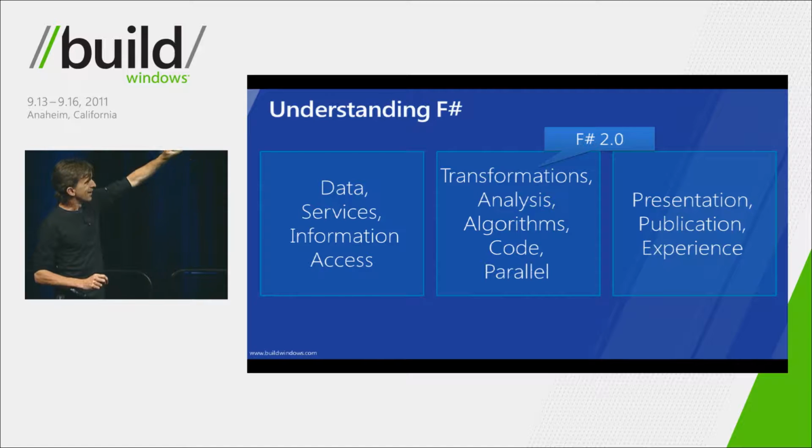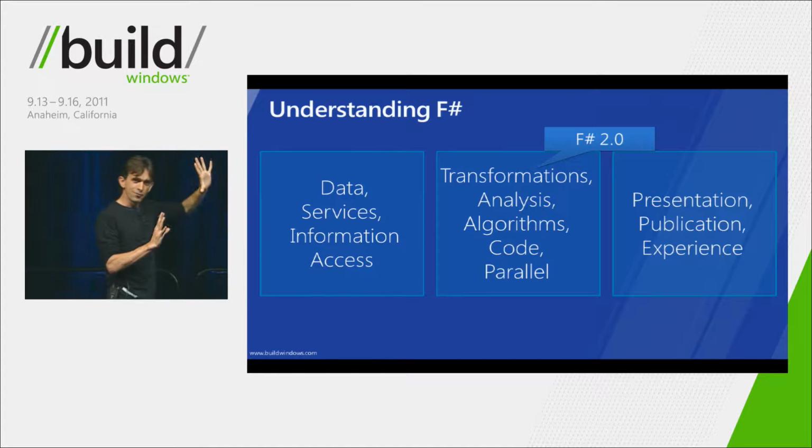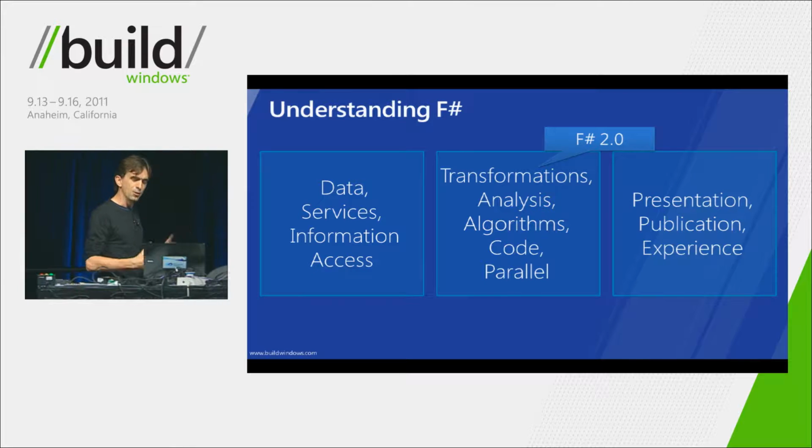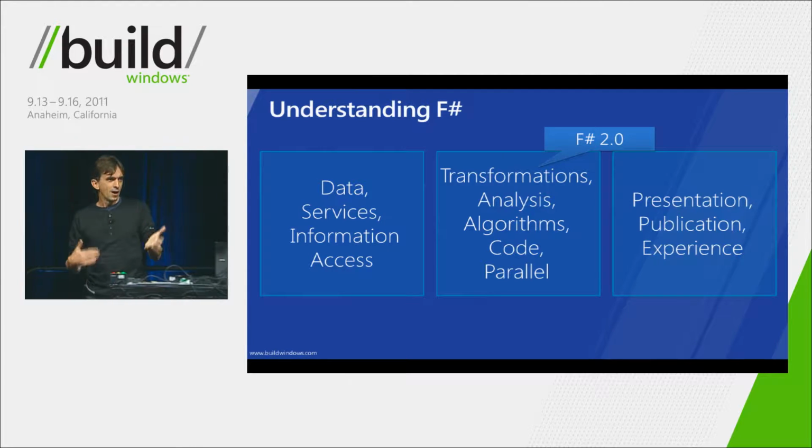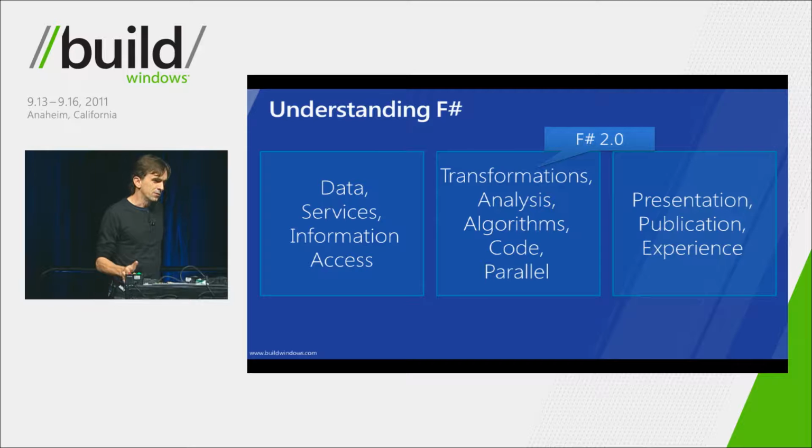Okay. And you'll see a lot of presentation code, again, done in C# or Visual Basic normally, or perhaps done in HTML5 and JavaScript. We're seeing that emerge as a combination more with F# programming.